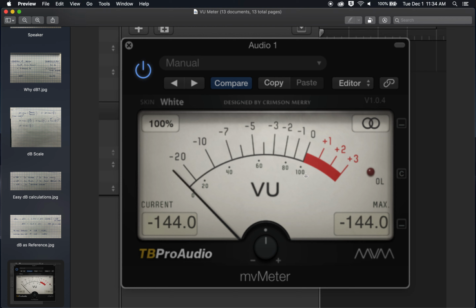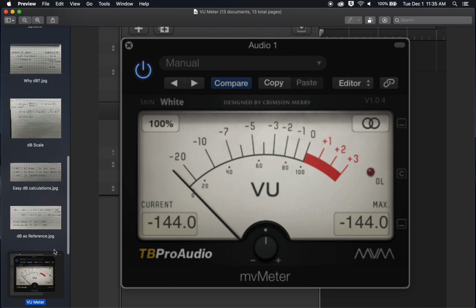You're looking to get your signal roughly in this range, because you're seeing more of an average. It's a slow response time, meaning it literally has to move this needle. The voltage has to move this needle, and it has a lag time. So you're not seeing clearly where things are peaking. You're just seeing that average, that RMS value. And as long as it's somewhere around 0, you know that you still have several dB of headroom, so even if you do have a momentary peak, it's probably not enough to create distortion.